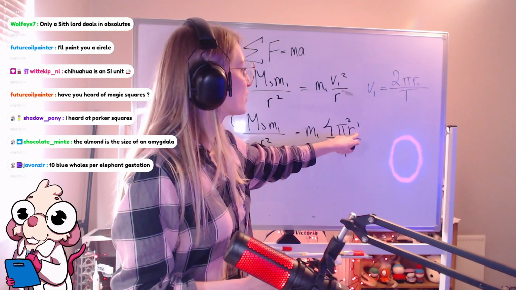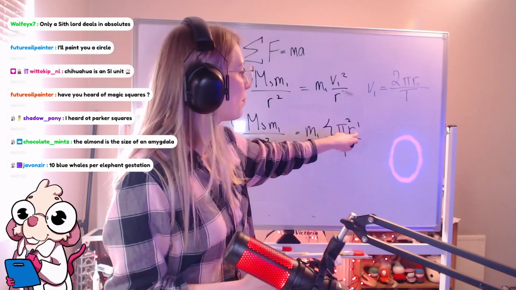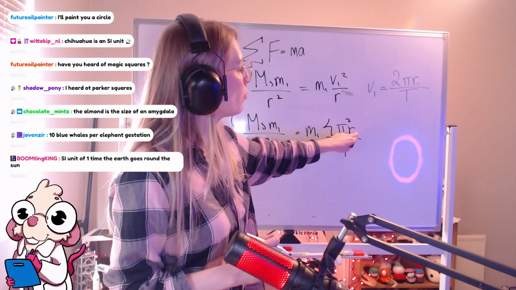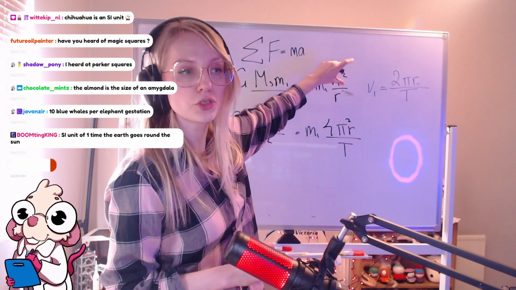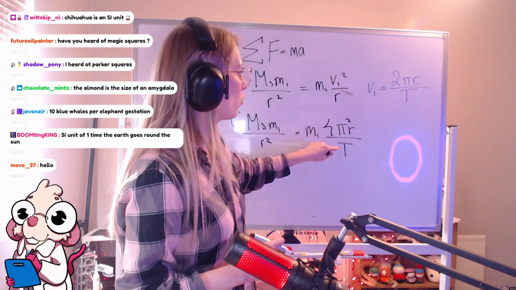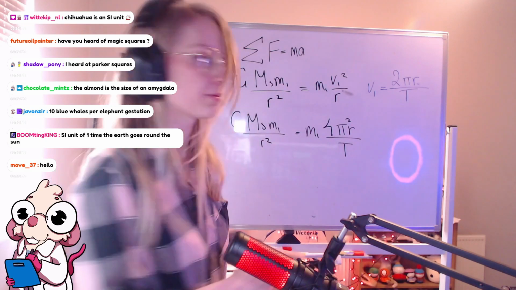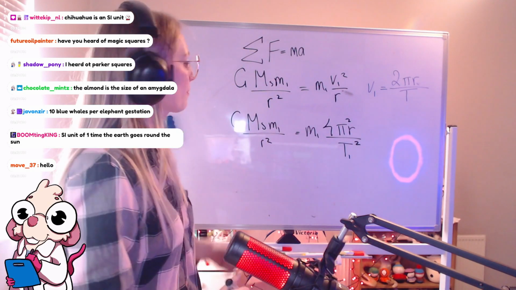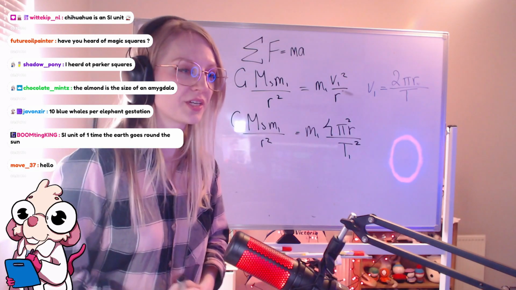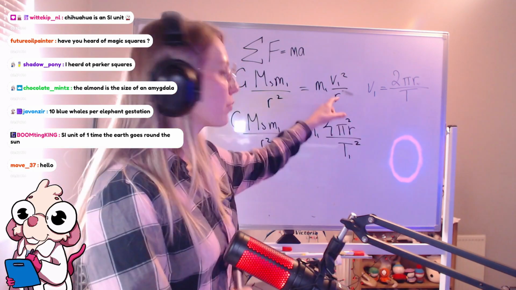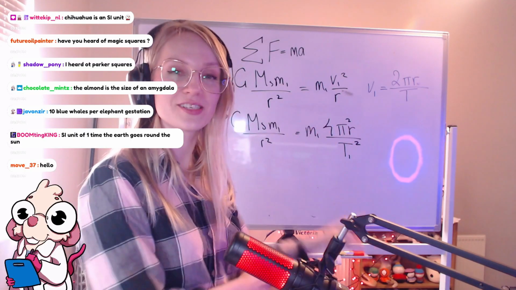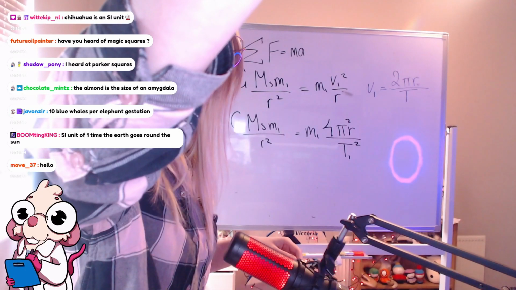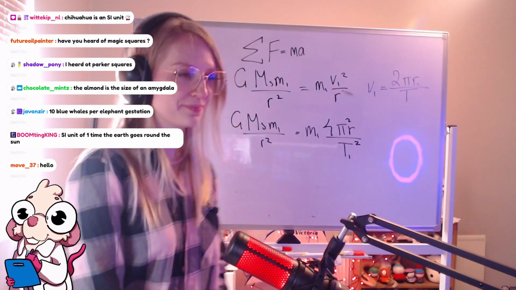R squared is r squared, but it's only 1 r because there was an r below, so 2 of the r's cancelled, all over t, again, to be squared. I forgot a lot of squares there. Going through it slowly is a good way. Don't skip the step next time, like Tofu did. Make sure you have the maths right, because I made a mistake there.